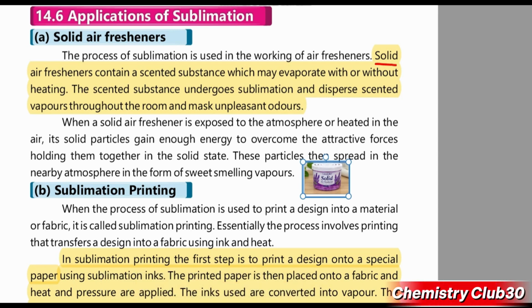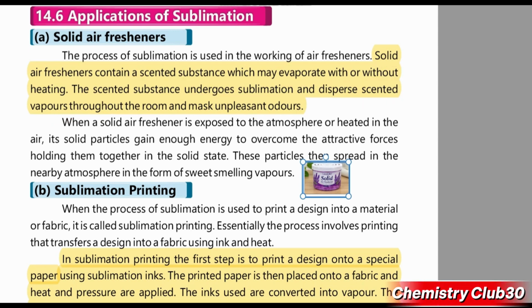Solid air freshener contains a scented substance which may evaporate with or without heating. The scented substance undergoes sublimation and disperses scented vapors throughout the room and masks unpleasant odor. So the process of sublimation helps to spread the solid air freshener because it converts directly from solid to gas.